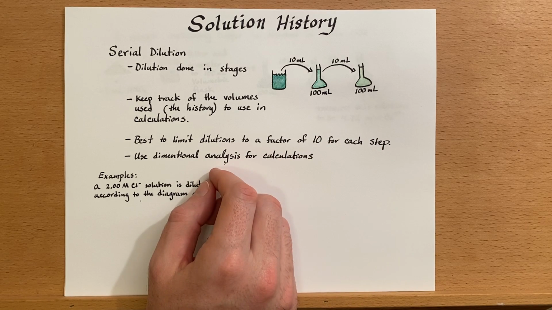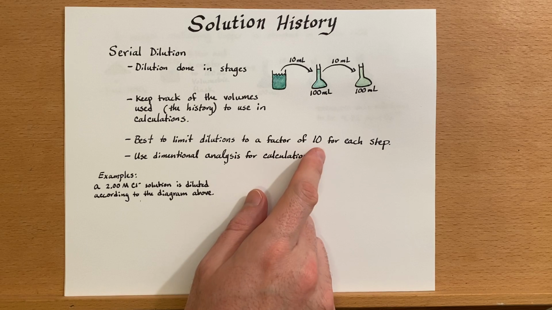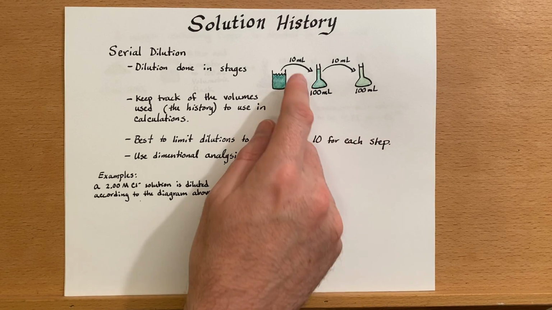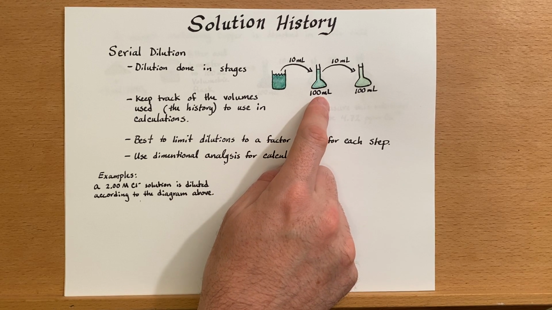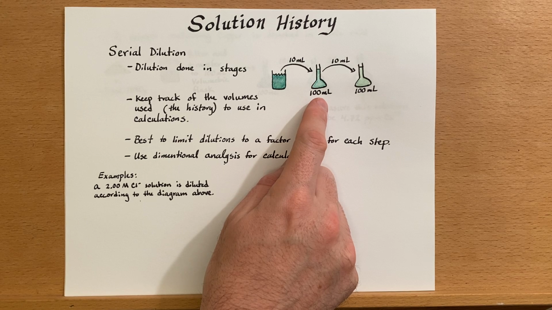Now, I've found that it's usually best to limit the dilutions to a factor of 10 for each step. So, for instance, taking 10 milliliters and diluting it into 100 is a pretty accurate way to perform this.